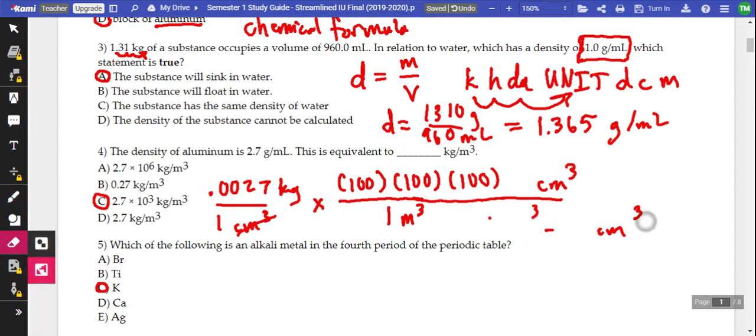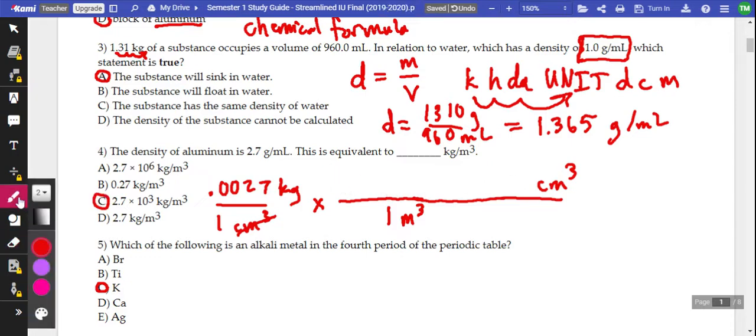Let's move this out of the way. So now if I take 100 times 100 times 100, or 100 cubed, we get 1,000,000.